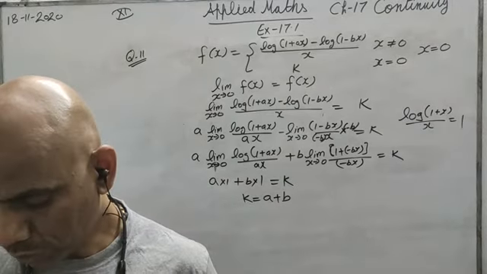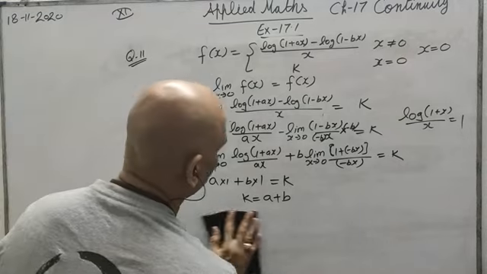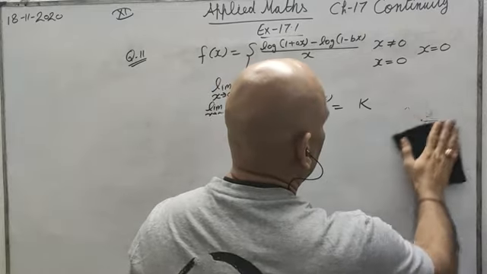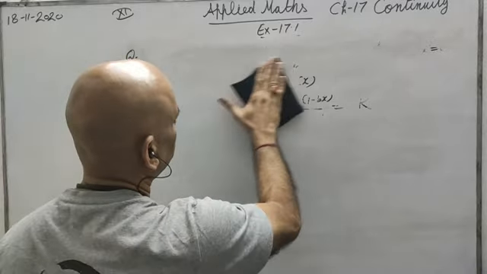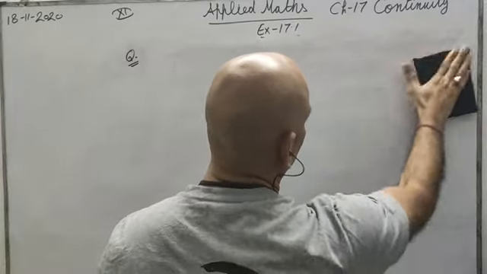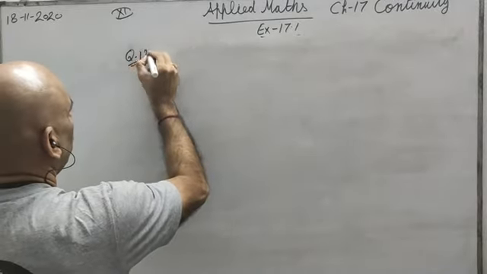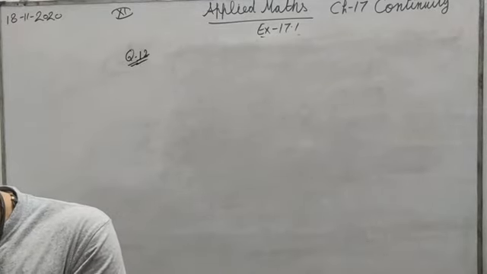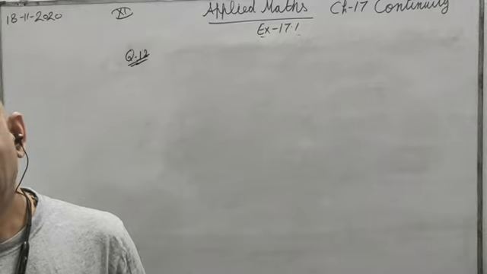Okay, so this was question number 11. On the same concept we have question number 12. What question number 12 is saying is that the function is given, and if this is continuous at x equals 1, find the value of a and b.